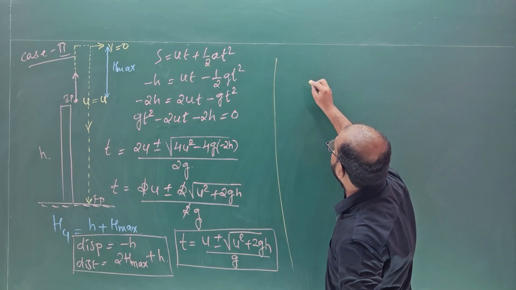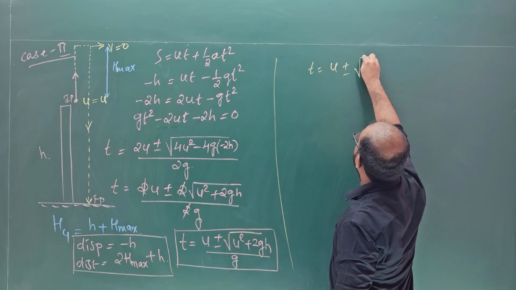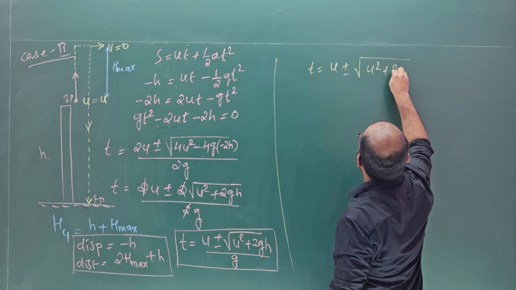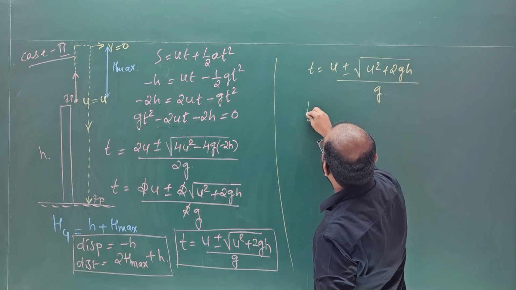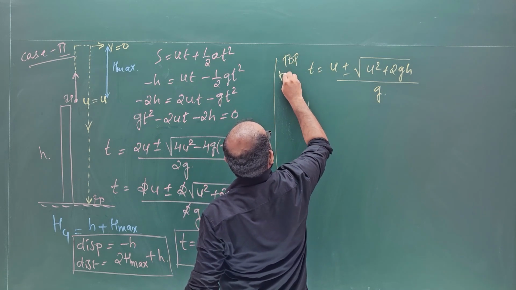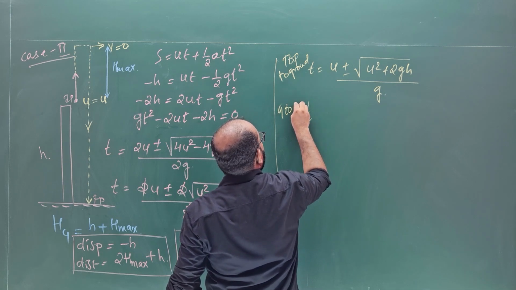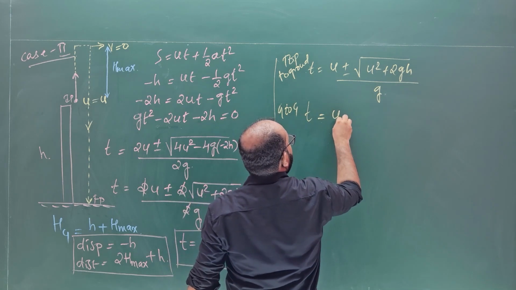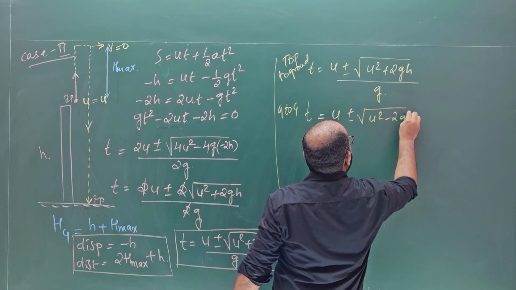Before writing anything, just listen. t is equal to what we got? u plus or minus under the root of u square plus 2gh upon g. And yesterday's class, this is from top to ground. And for ground to ground, we got yesterday u plus or minus under the root of u square minus 2gh upon g.